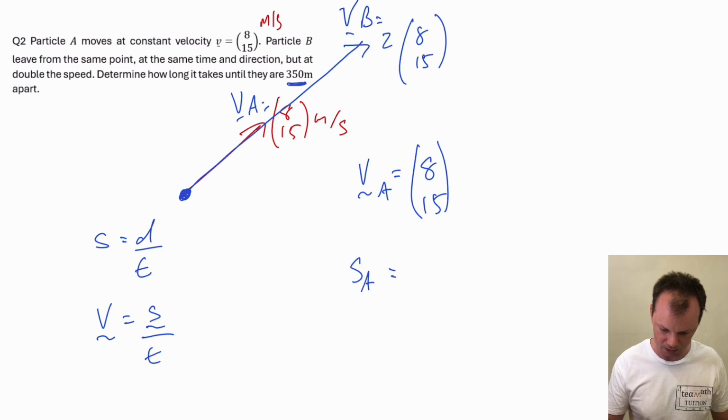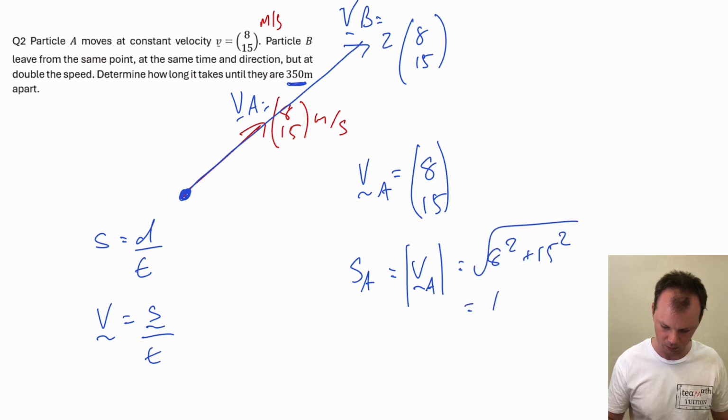Speed of A is just the magnitude of the velocity. So we get 17 meters per second. That means the speed of B is 17 times 2, 34 meters per second.